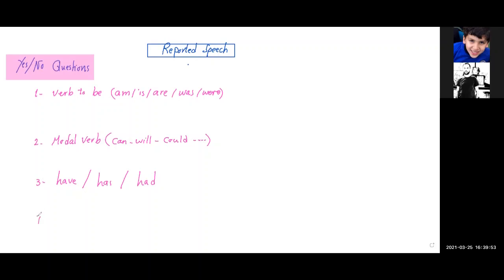Number four, a question beginning with do, does, or did. Okay, and you know that do and does are used with the present simple, and did is used with the past simple. So these are the four types of yes and no questions.